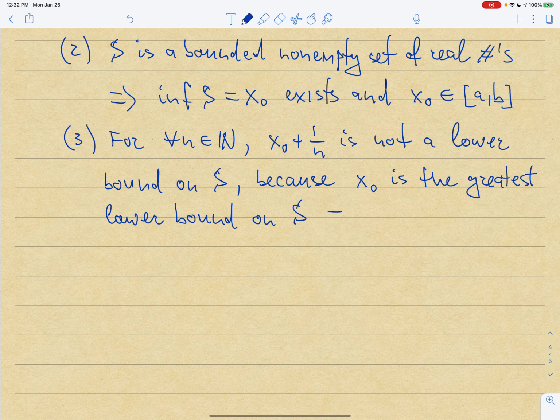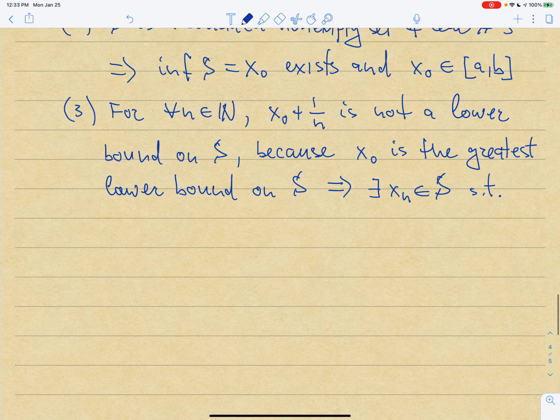Right, and from that, I can conclude that there exists an xn, not in [A, B], but even smaller, in S, such that f of xn is going to be, because xn is in S, greater or equal than y.